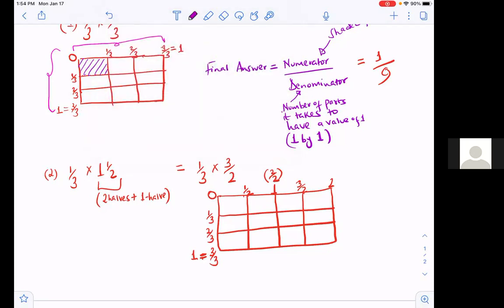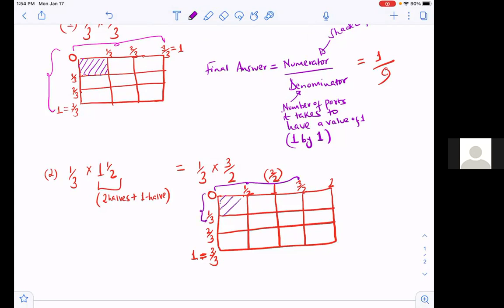By the way, the numerator will be the number of parts we are interested in. We are interested in shading the number of parts that takes 3 halves up to here and 1 third downward.